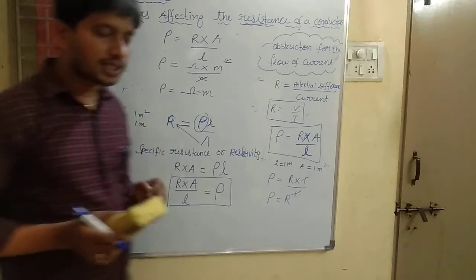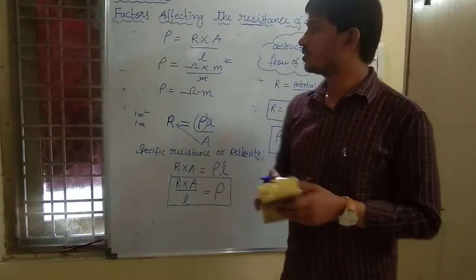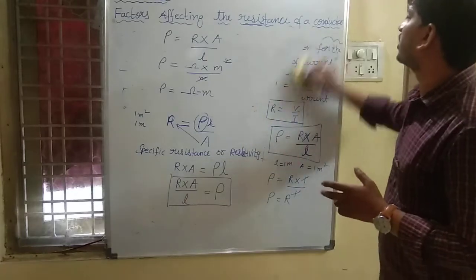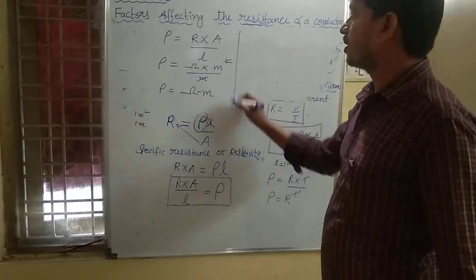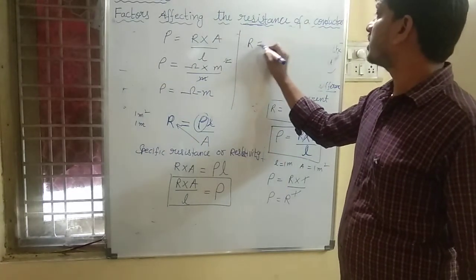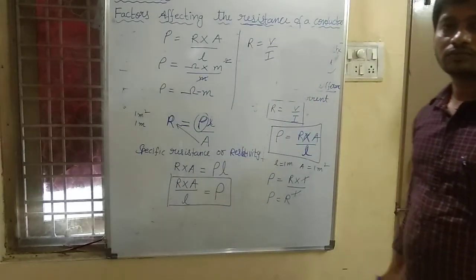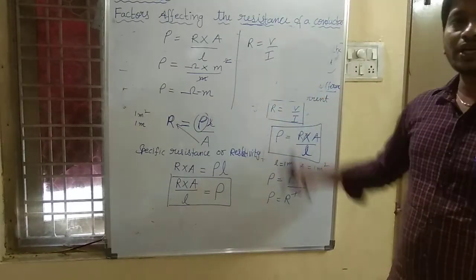So you try to understand the difference between resistance and resistivity. Let me compare them. As we know, resistance is R equal to V by I, the ratio of potential difference to electric current.